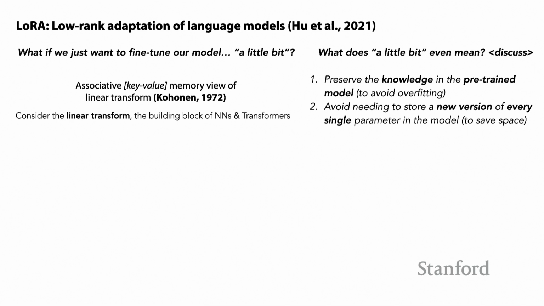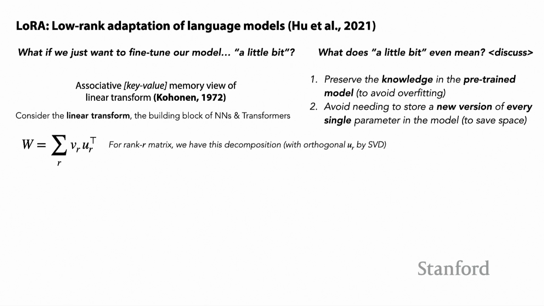And so to get into one method that addresses these issues, I want to take a brief walk back in time to 1972 to describe a particular view on what a linear transformation actually does, which ultimately gets at the question of what is a little bit. So consider the affine linear transform, which is the building block of neural networks in general, but also transformers specifically. And we know that for some rank R matrix, which is a linear transform, we have a decomposition of this form.